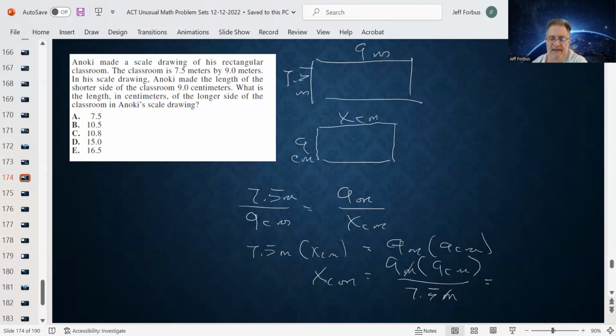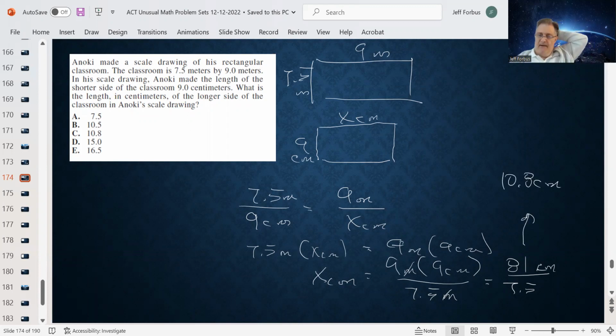So 9 times 9 is 81, and that's in centimeters, over 7.5. So 81 divided by 7.5 is roughly 10.8 centimeters, which is going to be answer choice C.